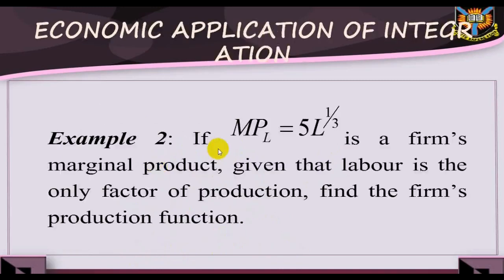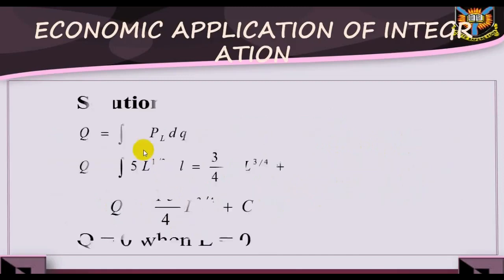Example 2. If MPL equals 5L to power 3 over 4 is a firm's marginal product, given that labor is the only factor of production, find the firm's production function. Solution. Q equals the integral of MPL dL.